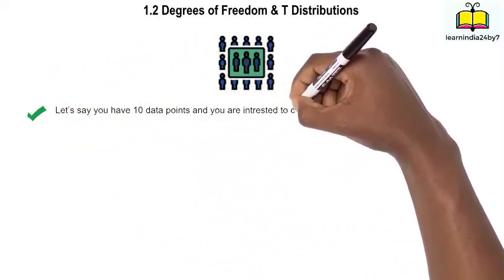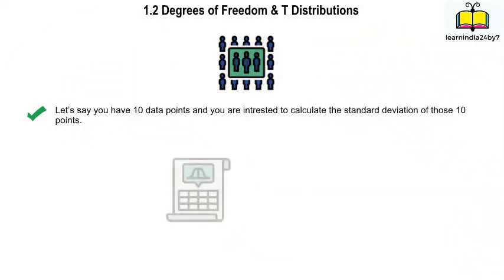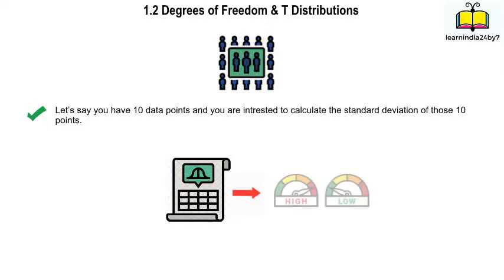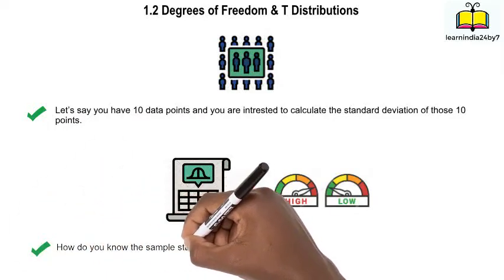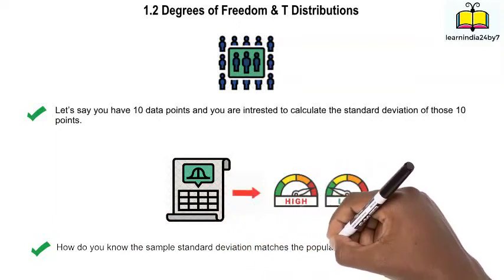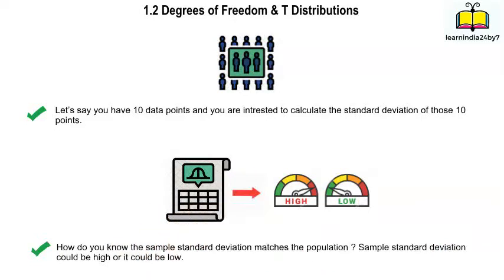Let's assume you are given 10 data points and you are interested to find the standard deviation of those 10 data points. With those 10 data points, how do you know the sample standard deviation would match with the population?